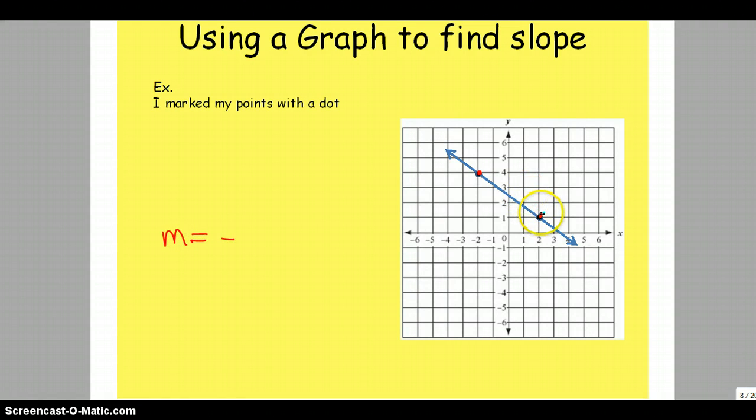Now let's see what my rise is. I rise 1, 2, 3. Now let's see how far I run. 1, 2, 3, 4. I'm going to run 4. So my slope is negative 3/4.